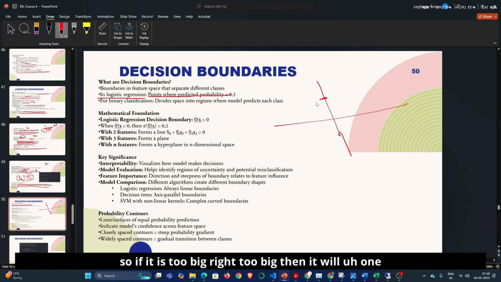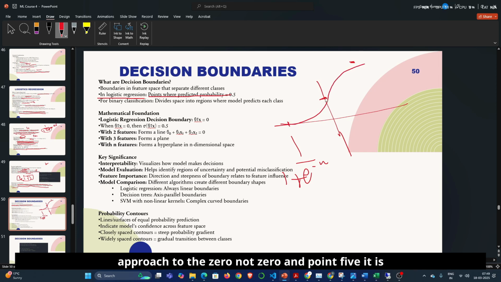If z is too big, then 1 plus e to the minus z is decreasing, so it will increase to 1. If z is decreasing, it will go to 0. So it will be like this, approaching 0 but not reaching 0.